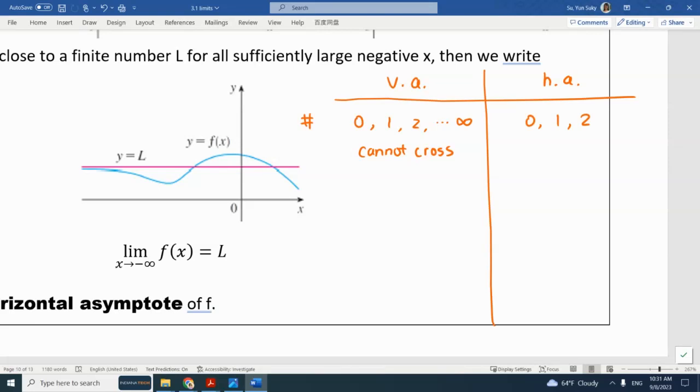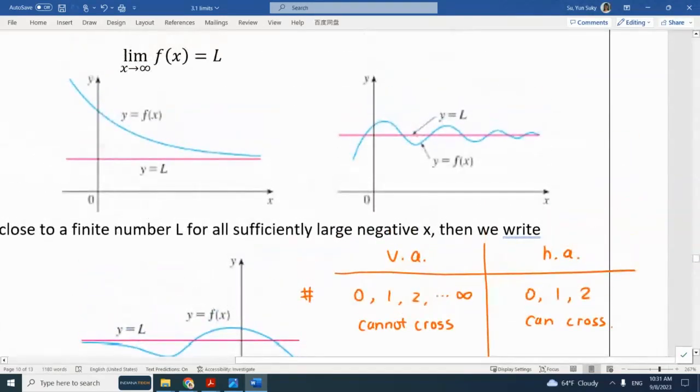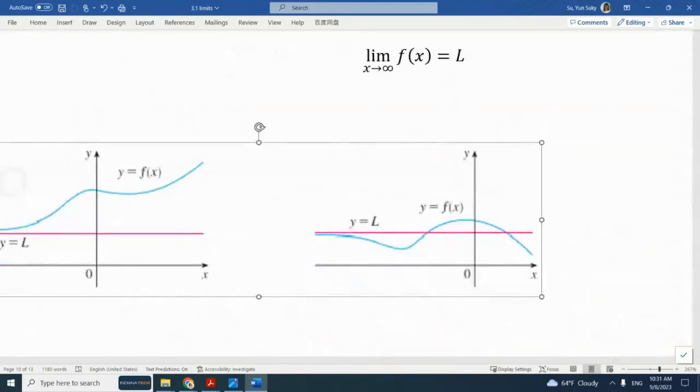Can you cross it? Yes. So we can cross it. You can cross it as many times as you like. See, in this graph you cross it infinitely many times.